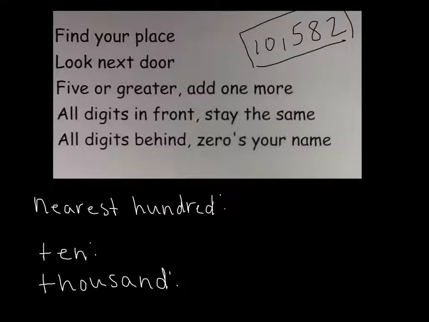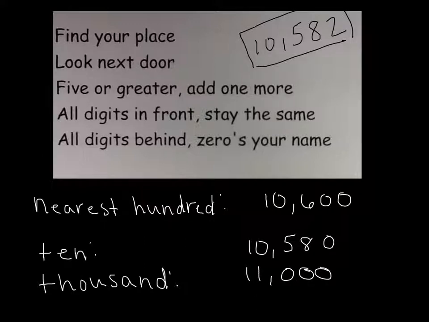On your board, I would like you to round this number to the nearest 100, the nearest 10, and the nearest 1,000. Rounding it to the nearest 100, it should be 10,600. The nearest 10 is 10,580. And the nearest 1,000 is 11,000.